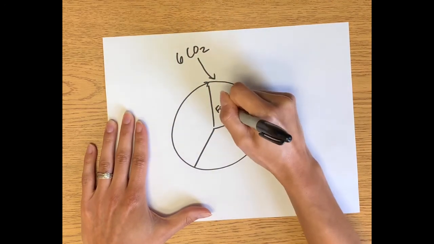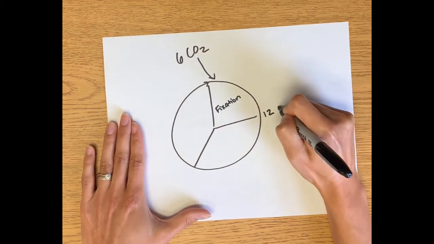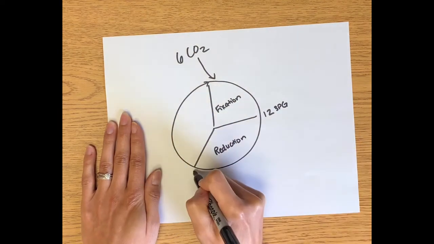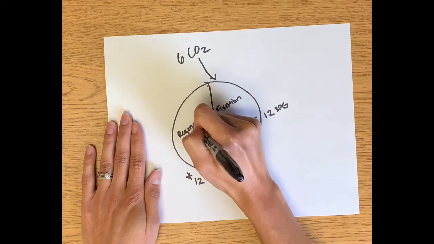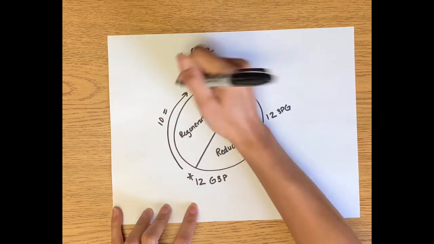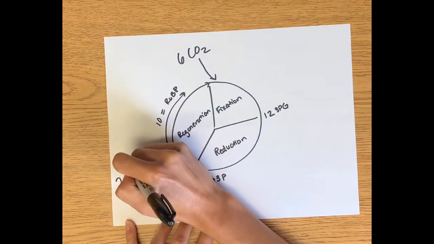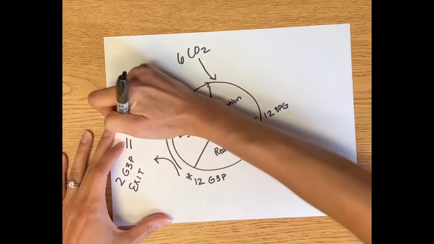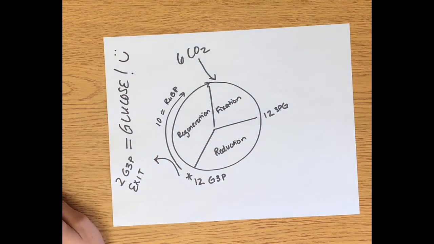So let's look at the summary. From 6 CO2 during fixation, we're going to make 12 3PG molecules. And then during reduction, we're going to produce 12 G3P from those. 10 of those G3Ps will be used to regenerate RuBP during the regeneration step, and 2 of these G3Ps will be able to exit the Calvin cycle to produce 1 glucose molecule.